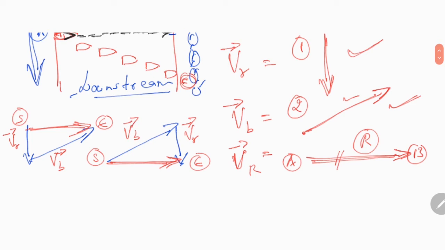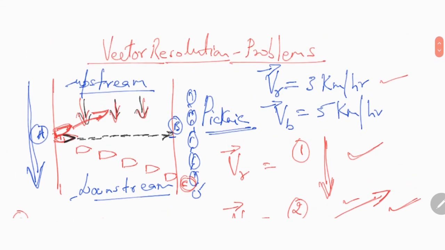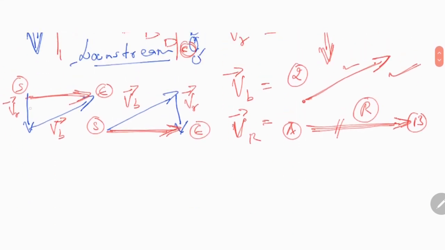So in whichever way you solve it, you are going to get the same. What have we taken as the velocity of the river? It is 3, and for the boat it is 5, right? So if this is 3 and this is 5, then our resultant will be equal to 4, or 4 here.